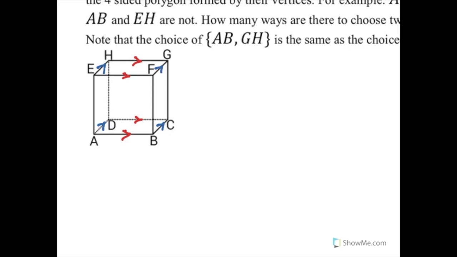And then there's a final set of parallel lines, basically all of the vertical lines over here. And we see that we have encompassed all of the 12 edges in here, and there are 3 sets of lines that within each of these sets, all of the lines are parallel.